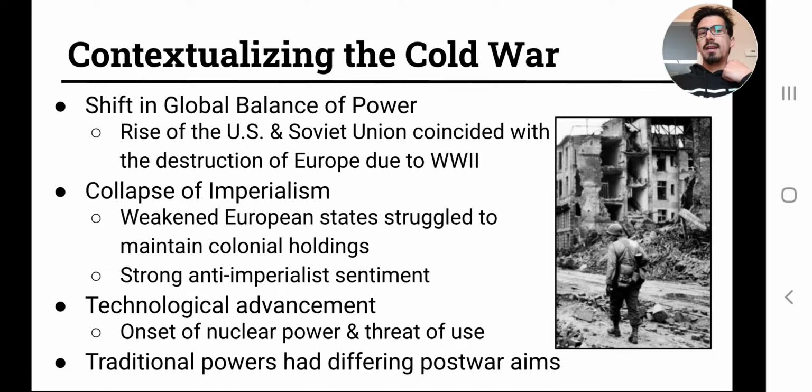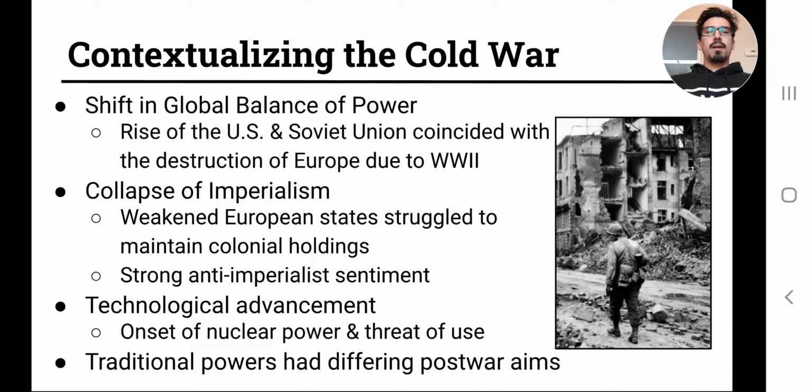And so you have the rise of the US as a global power, militarily and economically, and then also the Soviet Union, which becomes the de facto leader of the East, Europe, Asia, etc., because of the end of World War II.